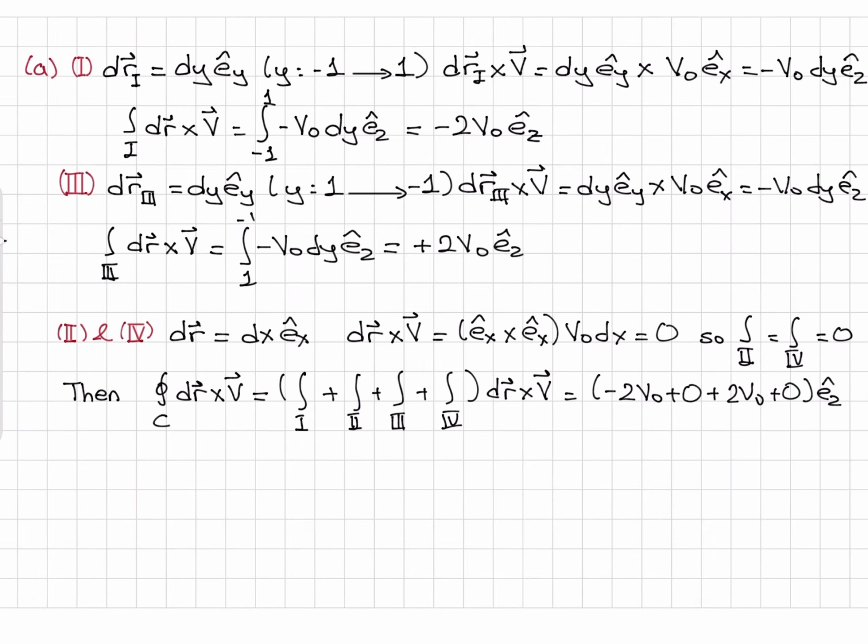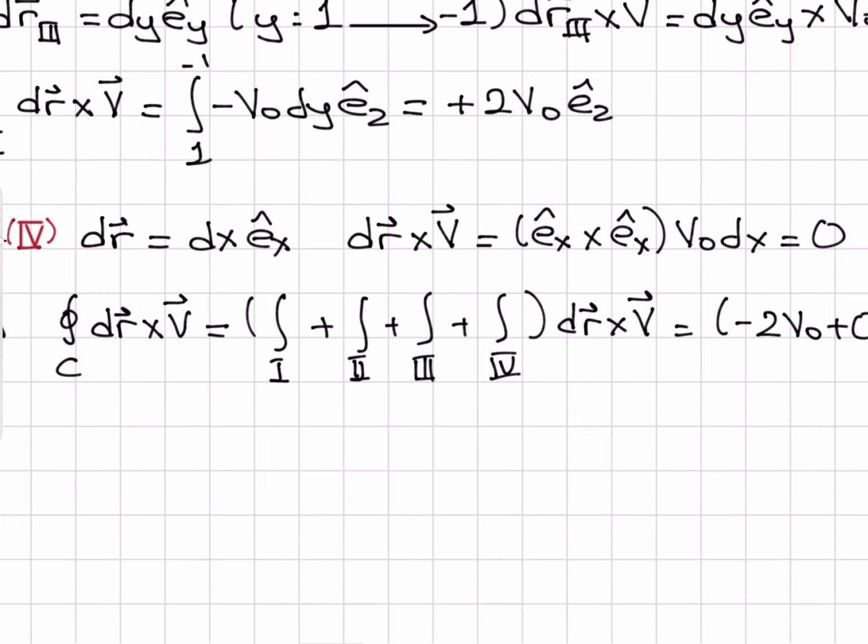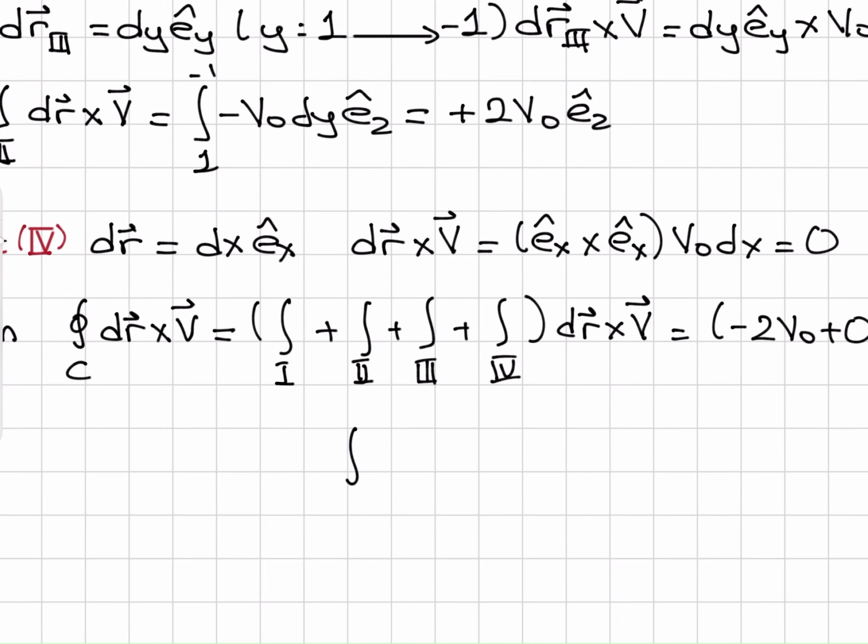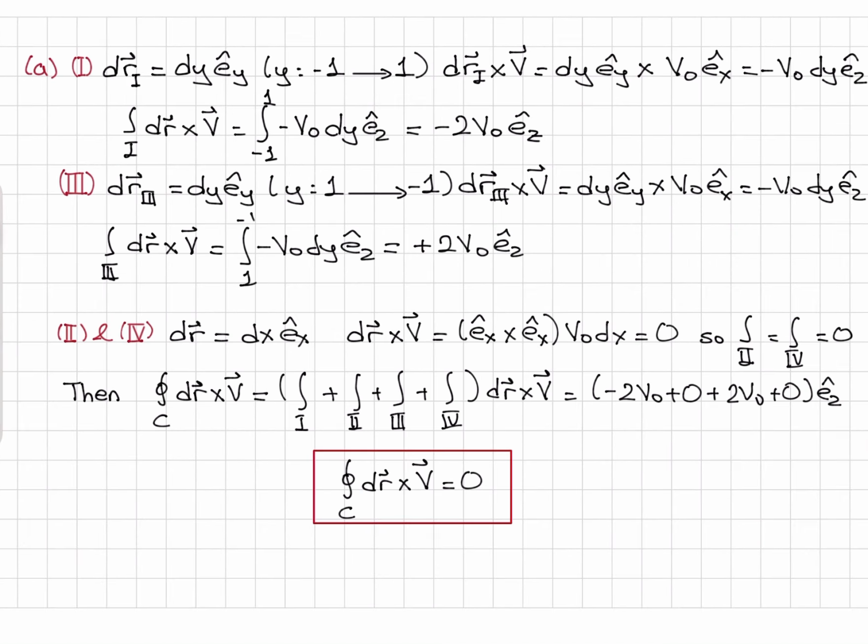Therefore, the minus 2v0 and plus 2v0 will cancel. My closed path integral dr cross V for part A has to be equal to 0. So that's my final answer to part A.